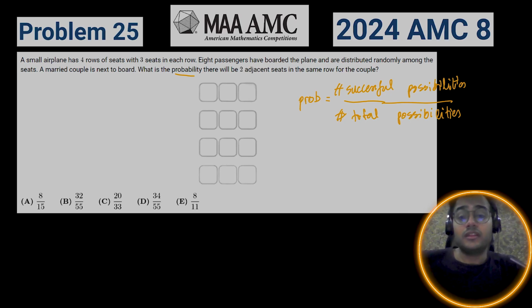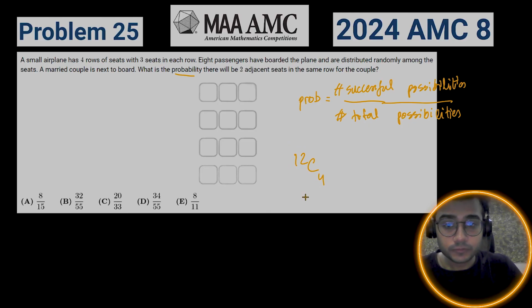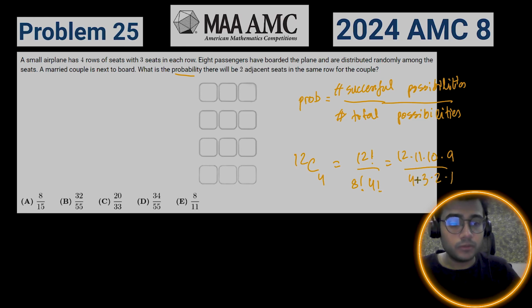So what is the total number of possibilities that we have here? Well, eight passengers have already boarded, so four seats are left behind. The total possibilities would be all possible sets of four seats that can be left behind. That will be just 12 choose 4, which is 12 factorial over 8 factorial times 4 factorial, which is 12, 11, 10, 9 over 4, 3, 2, 1.